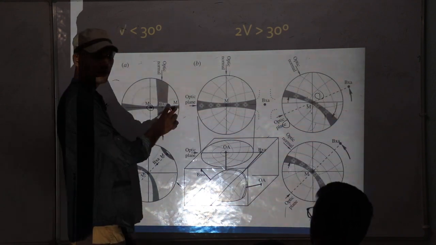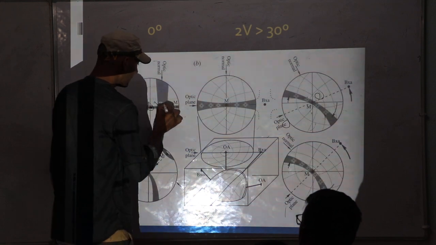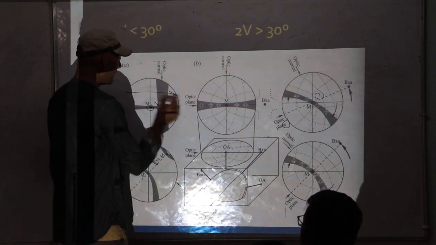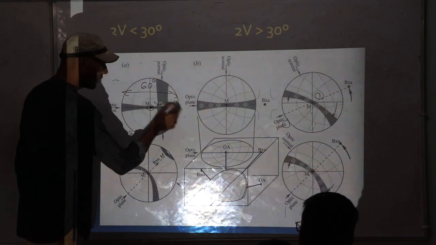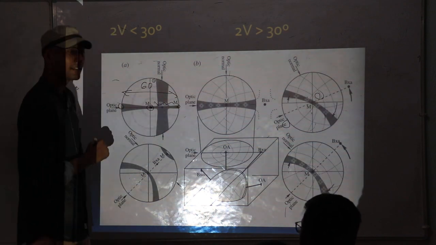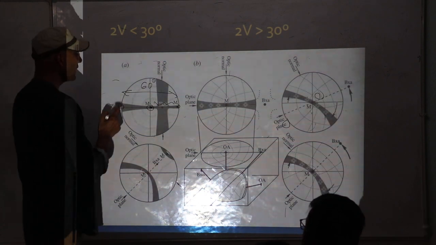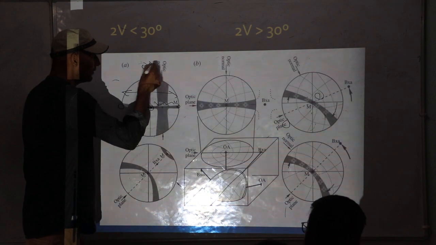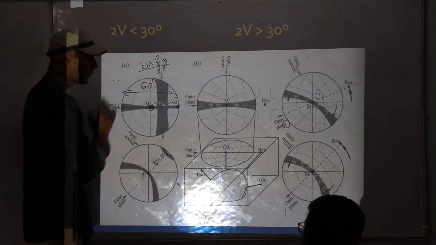The next melatope can be within the field of view if the angle is, as I have told you, the total angle is 60 degrees. That means you are finding one melatope here in the case of the acute bisectrix figure. So if you are taking the optic axis figure, one melatope is at the center.